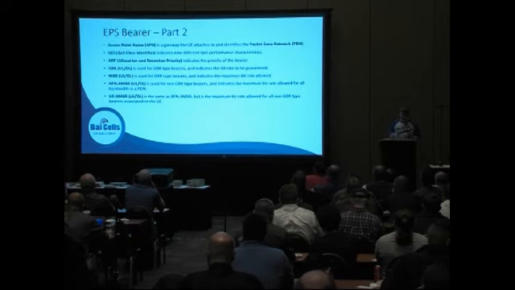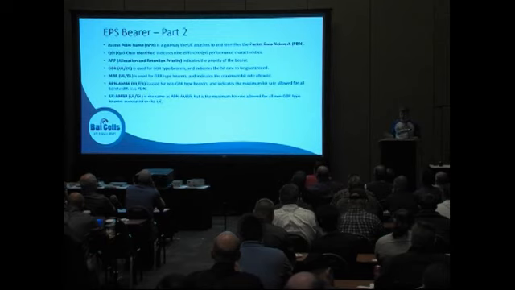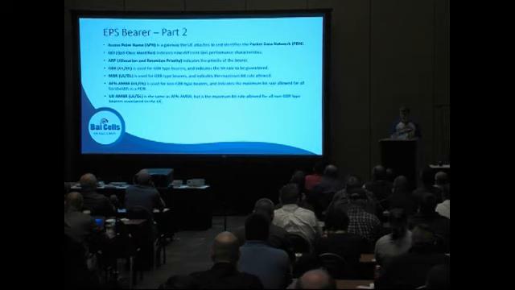You can also have multiple APNs as well. One thing we're planning on doing in the future is to create multiple APNs, multiple IP addresses, because currently you just have one IP, and the challenge is that you can't assign a separate management IP, which is popular in the WISP network.